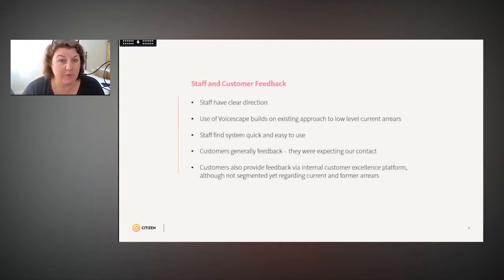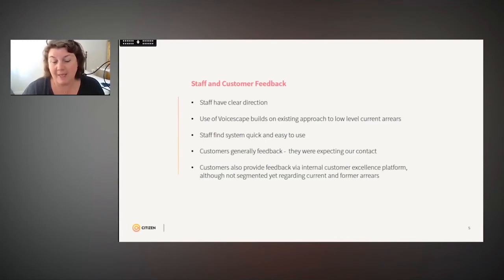We had quite a lot of positive feedback, particularly from staff and from customers. Staff have a clear direction about our approach for former tenant arrears, and they've been involved in the direction of travel for use of Voicescape with our current arrears for our low-level debts, but also watch the progress of how we've deployed the use of that sort of technology.